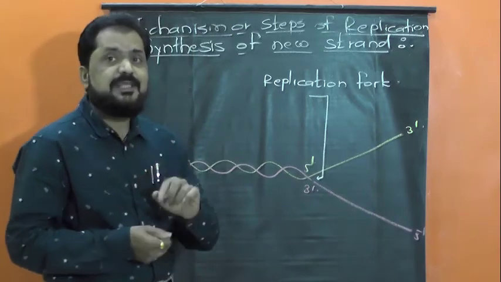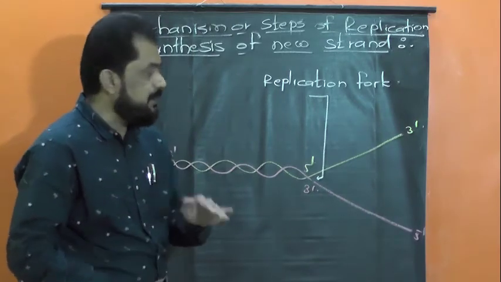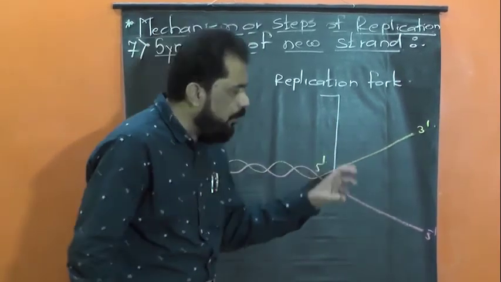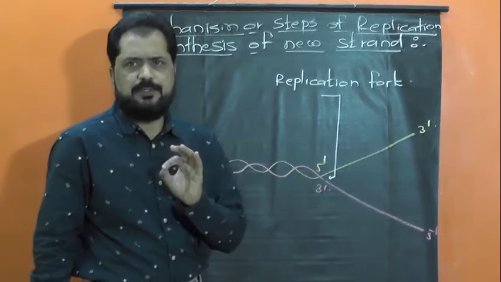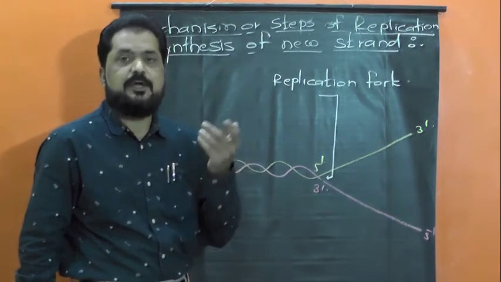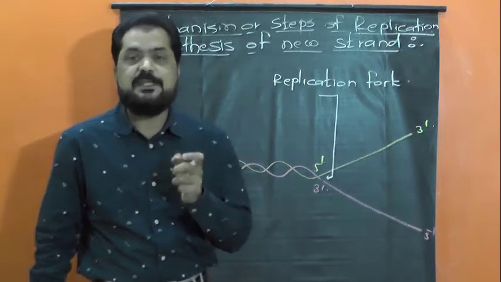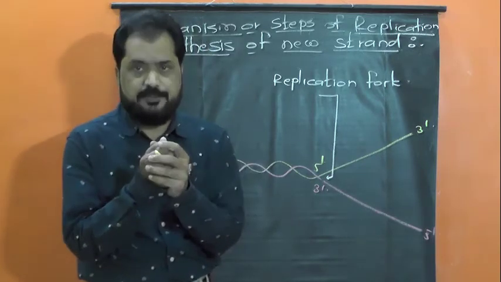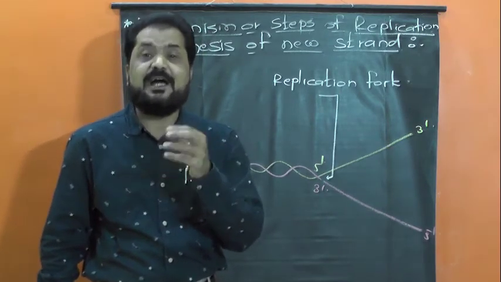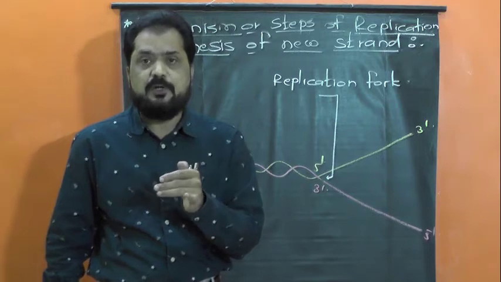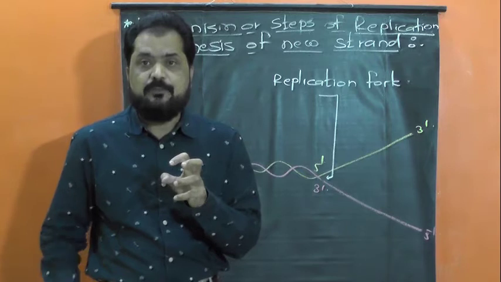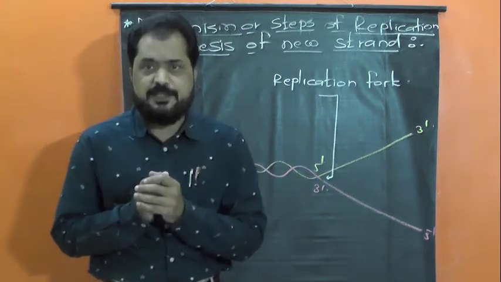Now the synthesis of new strand takes place on these two template strands or mold strands. Let me tell you the meaning of mold. You might have listened, you might have studied, you might have heard that mold means it is a hollow container in which some molten material is filled by the ironsmith, goldsmith, or even the potters, that is the ceramist, for the construction of different articles.